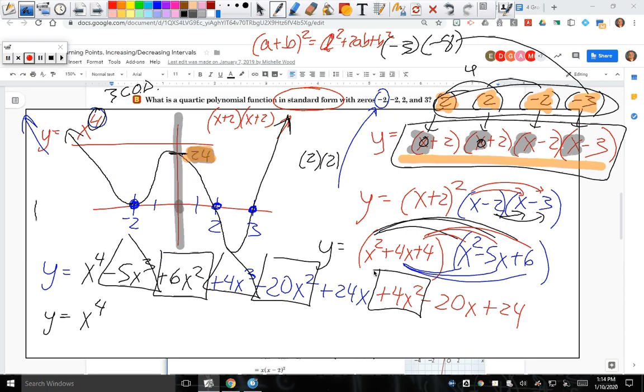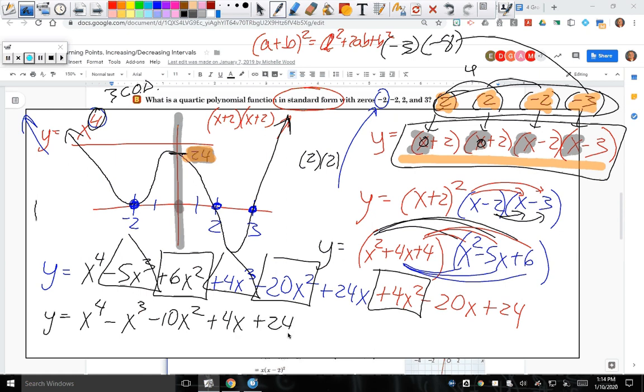Okay? How many cubes will I have? Like, put all your x cubes together? Negative 1, right? Negative 1x cubed, because it's a negative 5 with a positive 4. How many x squareds? Negative 10. And then the last one, how many x's? 4.